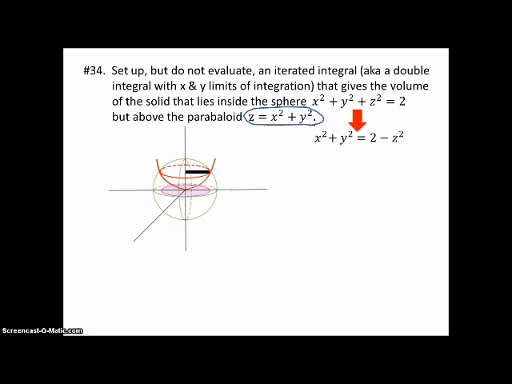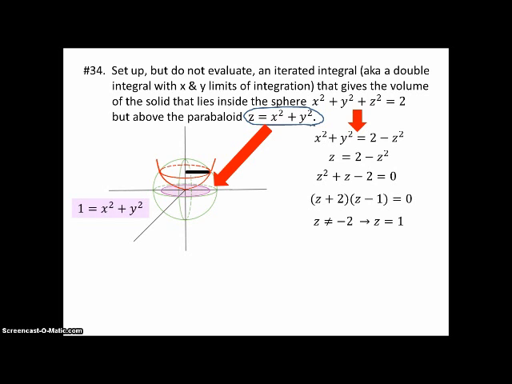And so we can set z equal to 2 minus z squared and put everything to the left and solve, and we get some familiar numbers. The book really likes these numbers, but in this case z can't equal -2 because we're talking about a radius here. So z must be 1. And if z is 1, then that means that our purple circle's equation is x squared plus y squared equals 1.